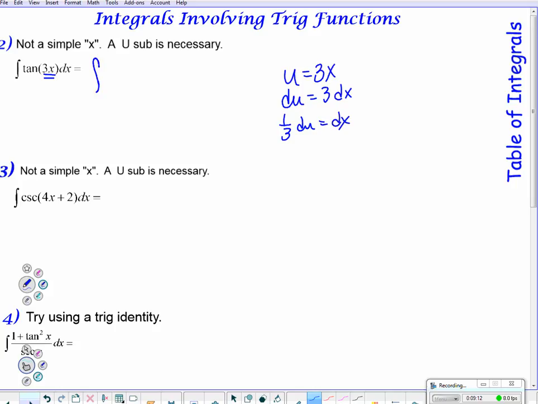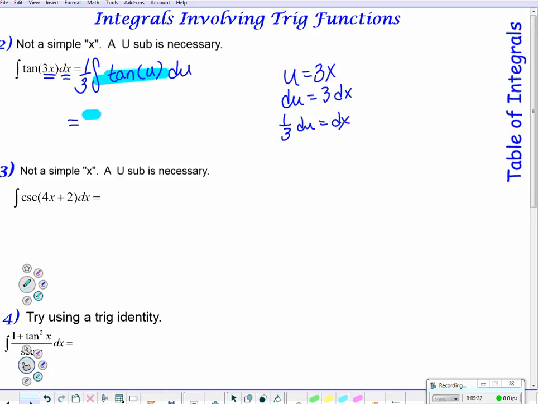All right, so that's going to give me the integral of tan of u, because I replaced 3x with u. Dx comes out to be a 1/3, put it out front, du. Now all I have to do is remember what's the integral of tan, and we just kind of memorized that.